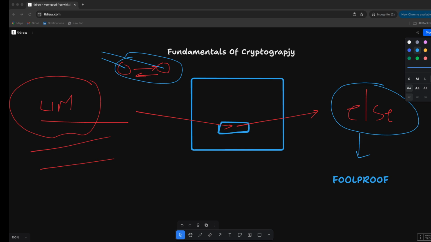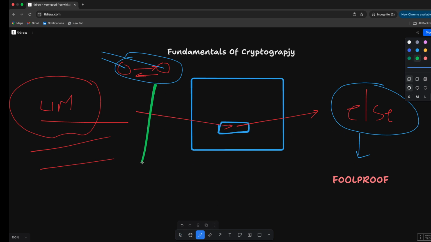Okay, so now what are the issues here? First, the person who has created the lock already knows how to access the lock, because the person who has created the system knows how the lock will be created and so on.